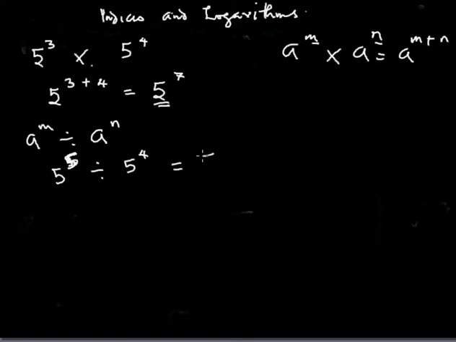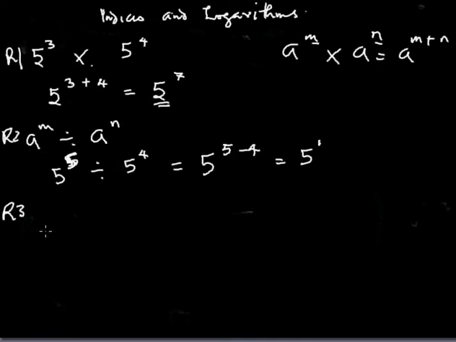What this means is that 5 raised to power 5 minus 4, which is 5 raised to power 1. This is rule 2. This is rule 1.